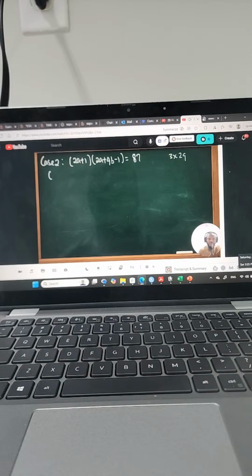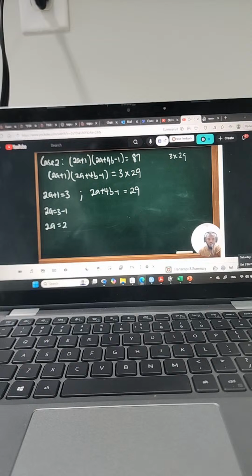Here we have 2a plus 1, 2a plus 4b minus 1 equals to 3 times 29. So for the first condition, we have 2a plus 1 equals to 3, and 2a plus 4b minus 1 equals to 29. So here we have 2a equals to 3 minus 1.